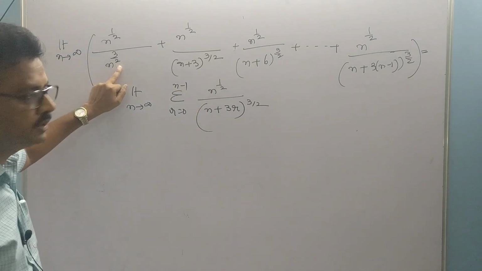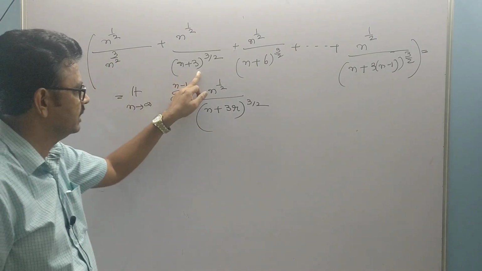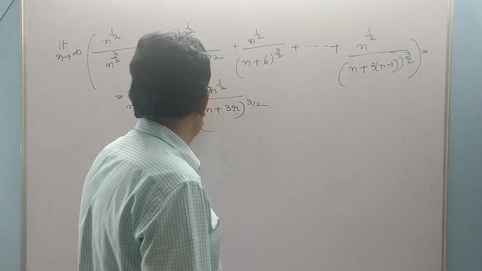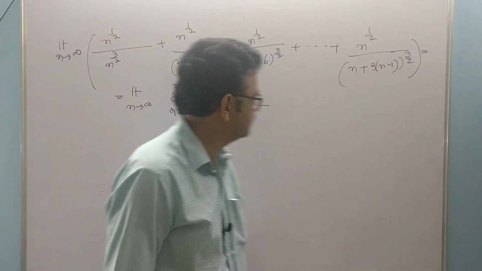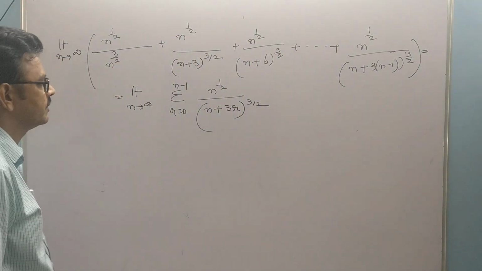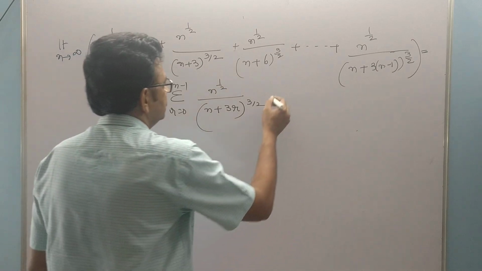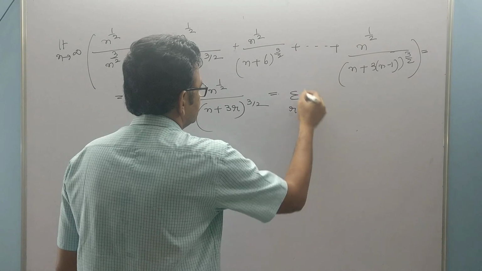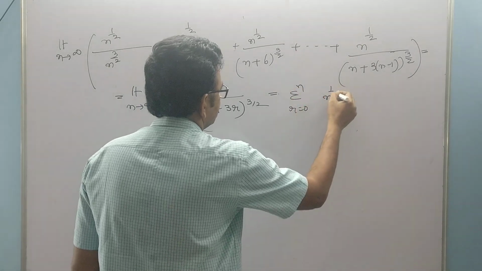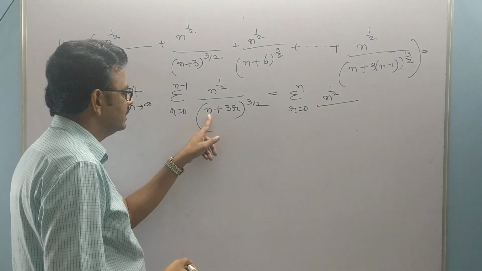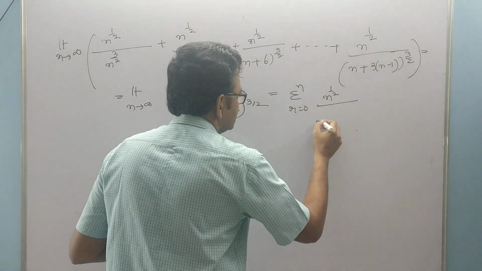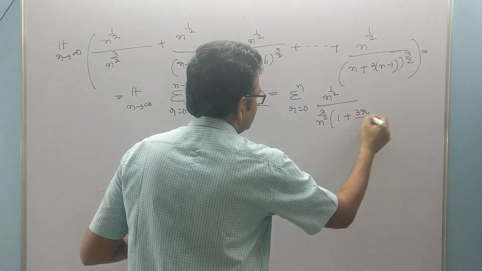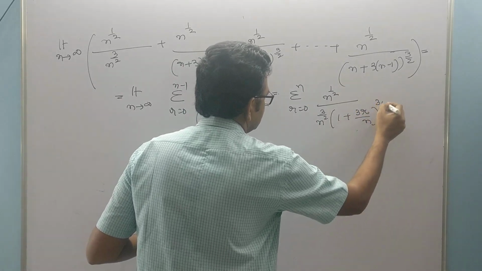If you write r equal to 0, r equal to 1, r equal to 2, up to r equal to n minus 1, in place of r you write n minus 1, so you get the last term. Okay? That is equal to sigma r equal to 0 to n of n power 1 by 2 by, taking n common, n power 3 by 2 into 1 plus 3r by n whole power 3 by 2.